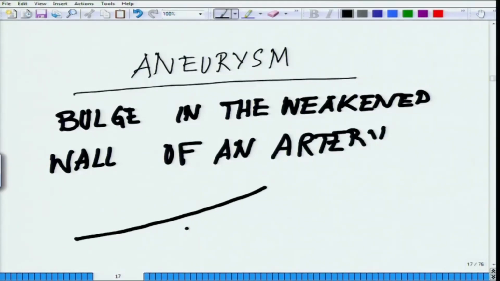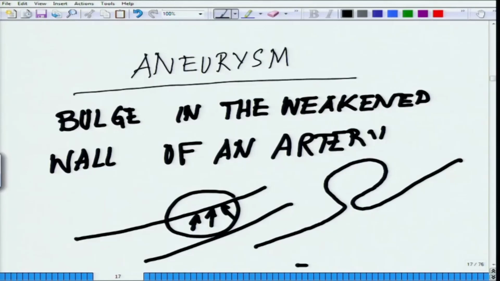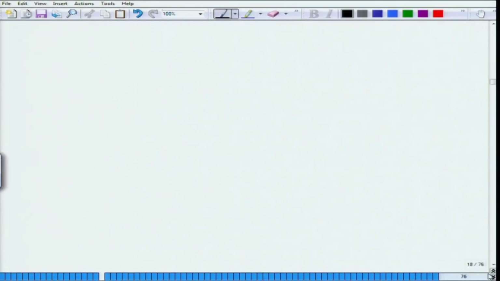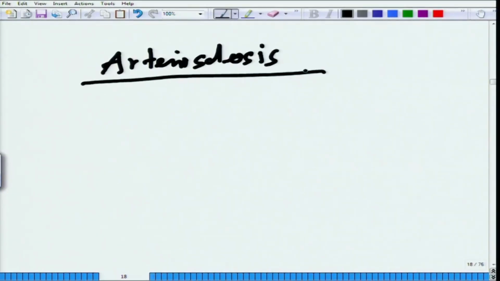See, for example, this is the normal artery. Because of some kind of unusual pressure at a specific point, you will see at this spot, it takes a bulge like this. This can happen for multiple reasons, and some of the reasons include arteriosclerosis, which makes the vessel less elastic.